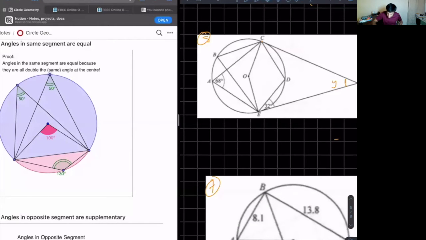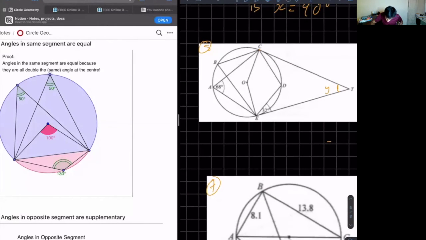Excellent. I think this was the only last one here. We also know if this is x and this is y, can you put the relationship in the chat again? X plus y equals 180.